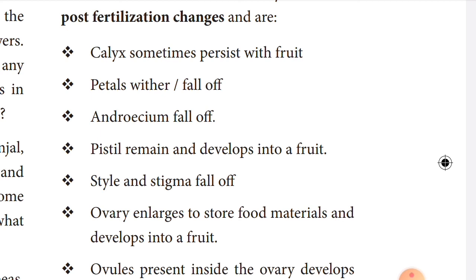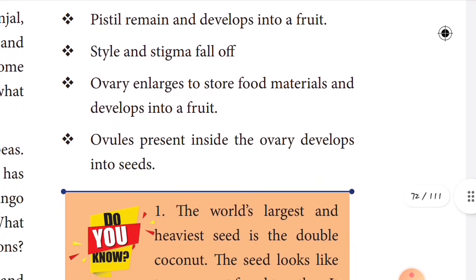Fourth point, pistil remains and develops into your fruits. Next, style and stigma also fall off. Next, ovary enlarges to store the food materials and develops into your fruits. Last point, ovules present inside the ovary develop into the seed portion.